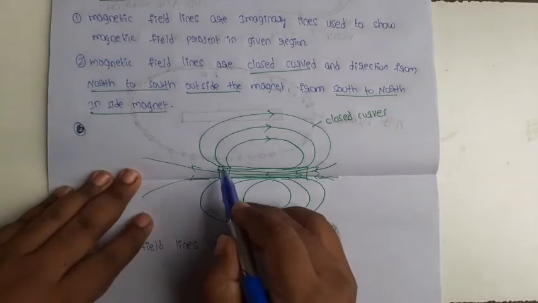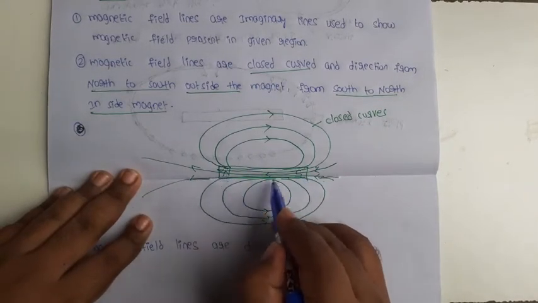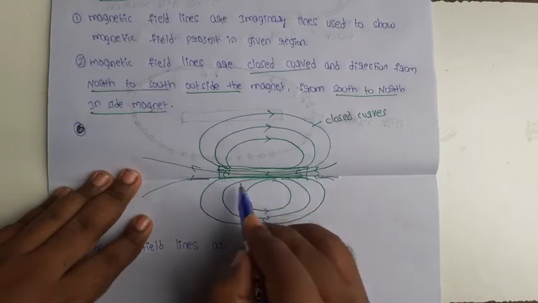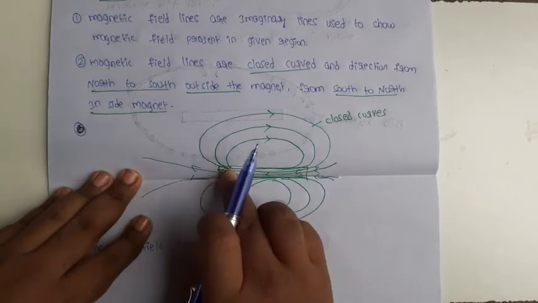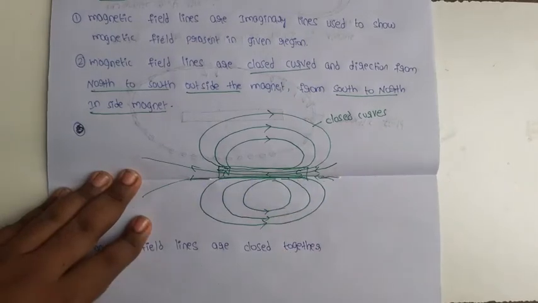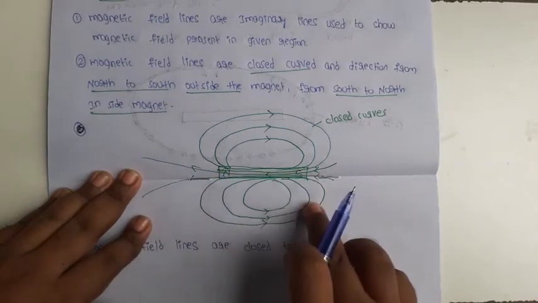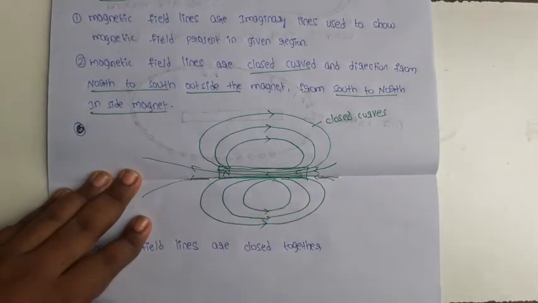Where are the magnetic field lines close together? Here. At this particular region, at the poles, the magnetic field lines are close together. Why? Because at the poles the magnetic field strength is maximum.